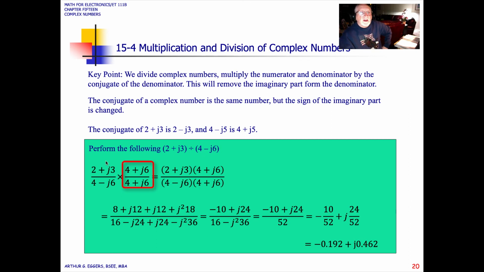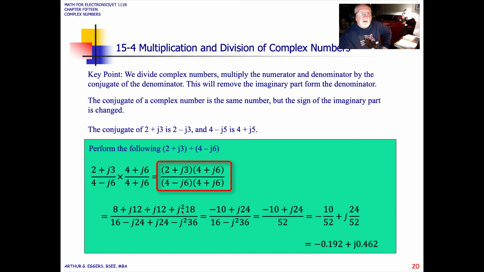So you can see here when we set this up, there's our normal division. The next thing that we have to do is multiply the denominator and the numerator both by the complex conjugate of 4 minus j6, so 4 plus j6, numerator and denominator. Again, just treat each term: 2 times 4, 3 times 4, 2 times 6, 3 times 6, j squared.